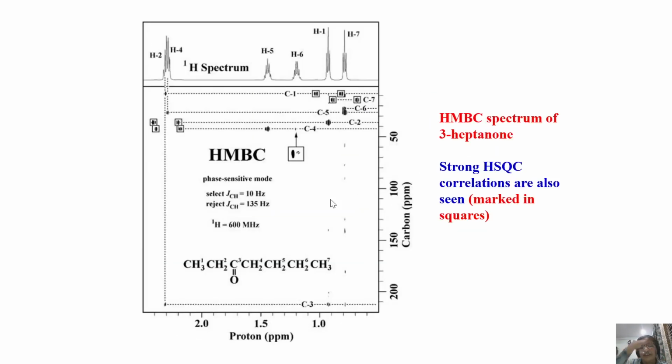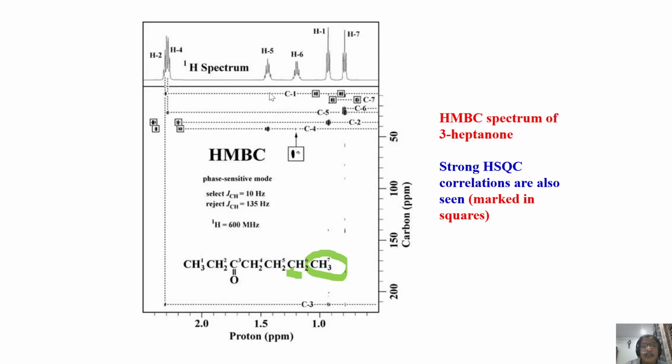Now the same thing if you do the HMBC, what happens? At the site of this CH3 proton, you have a correlation seen at the CH2 carbon. For example, the CH2 carbon can give a correlation to this proton or this proton. Look at this one, proton 6. We will start with one of the simple ones which we very well know.